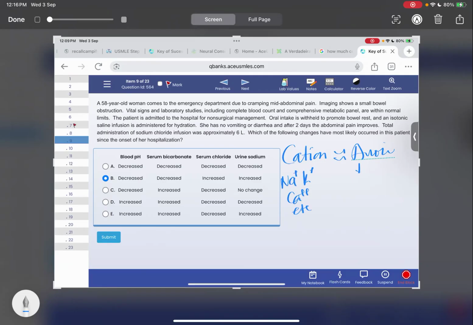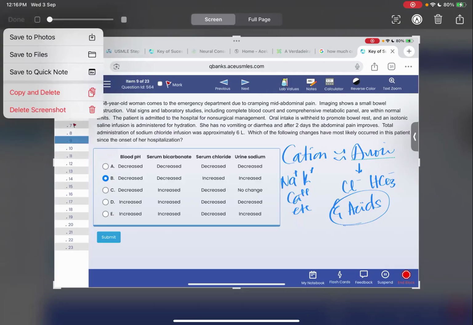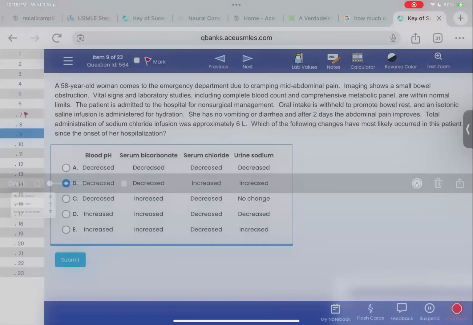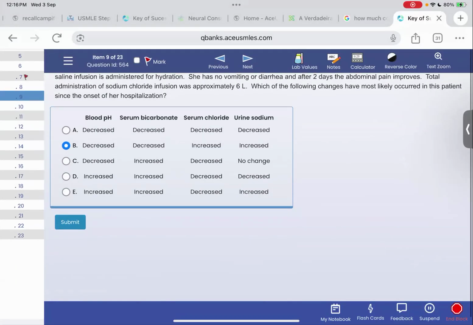And what are the anions? Chloride, bicarb, and most important are acids. This is very important. I will discuss this now. So you got your answer.